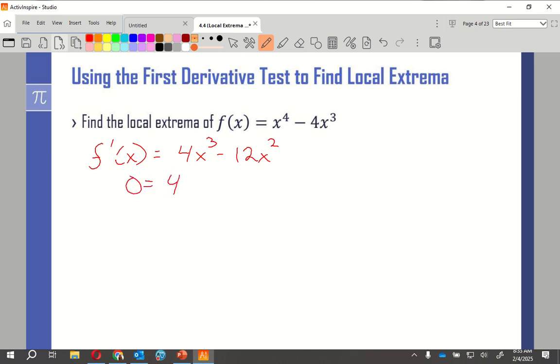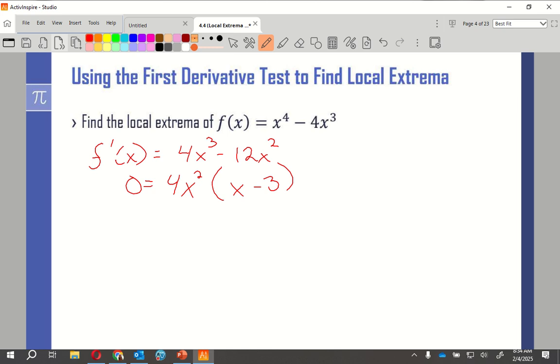Okay, so 0 equals 4x squared quantity x minus 3. And thanks to my zero product rule, anything times 0 is 0.